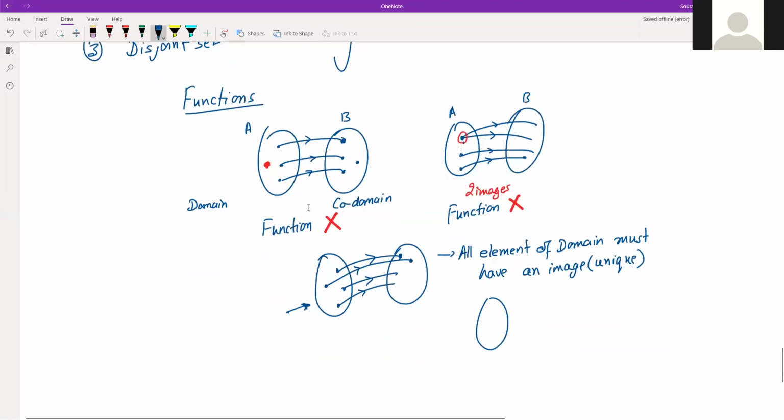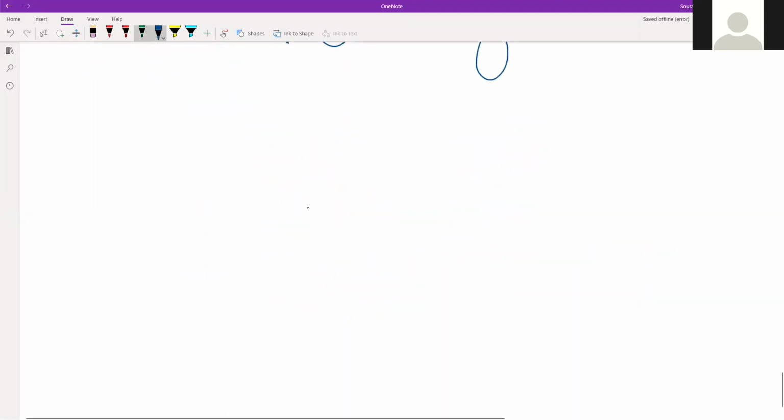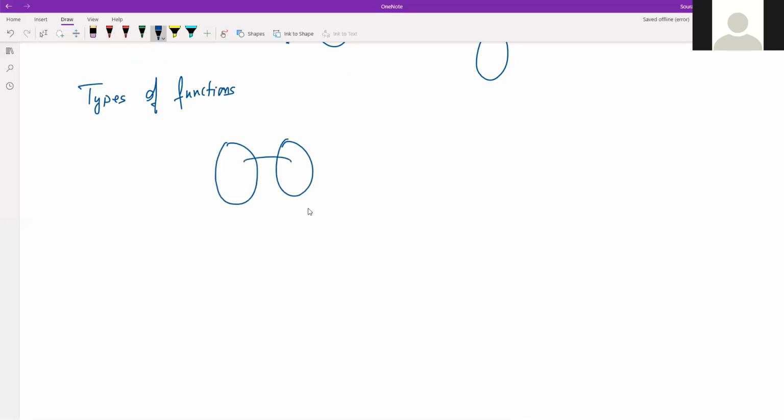Now, based on this, even functions can be divided into a few types. Let's see them one by one. So we'll try to explain it by this image only.